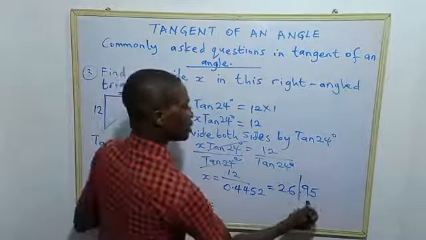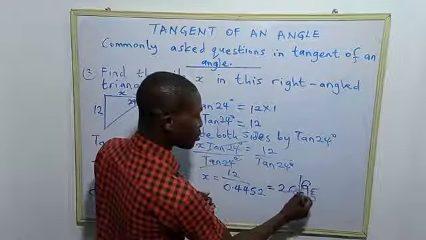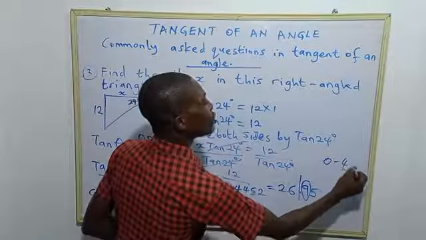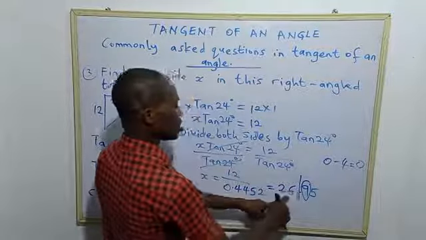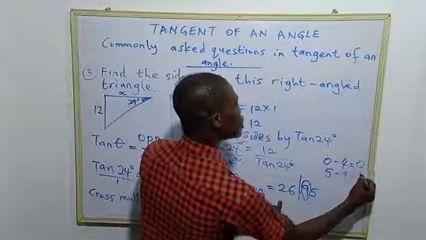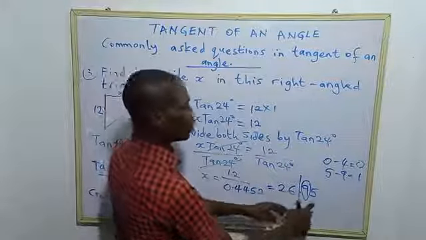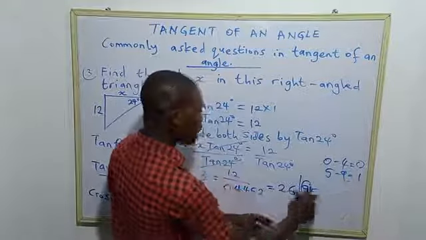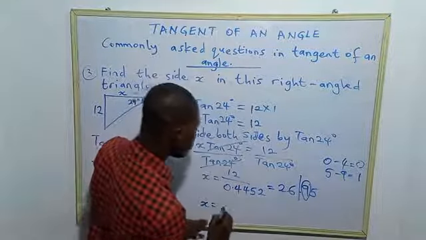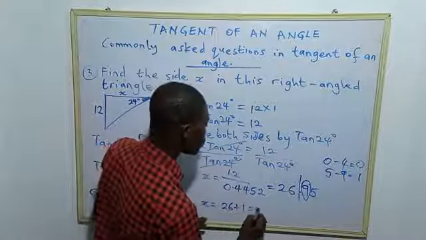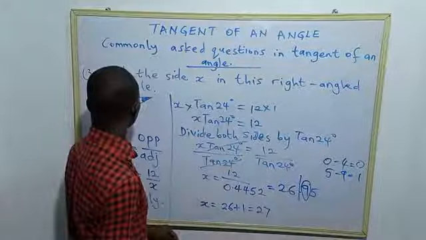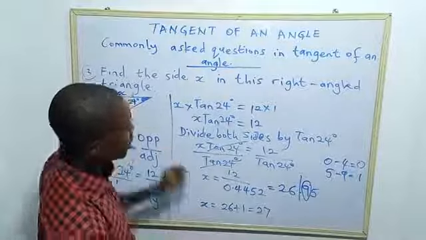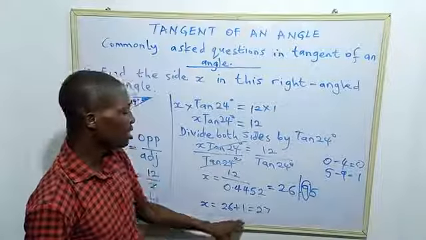Check the number that is next after the stroke on your right. If it is between 0 and 4, you add 0 to what is here. But if it is between 5 and 9, you change it to 1 and add it to whatever is here. So 9 falls in the second category. So 1 is what you are going to add to 26, which is 26 plus 1 equals 27. So this side is 27.